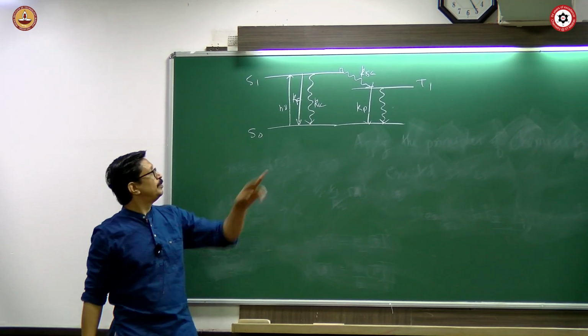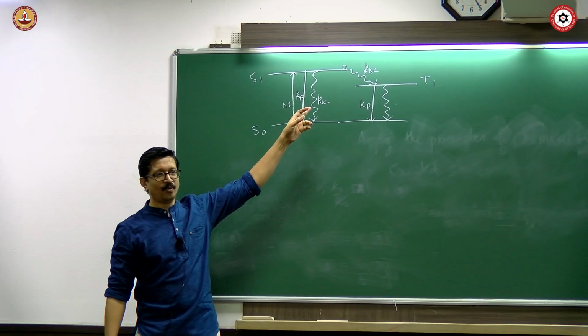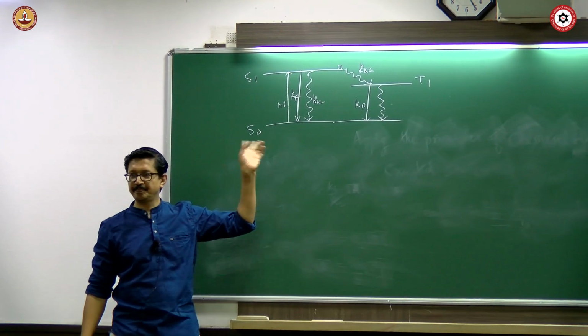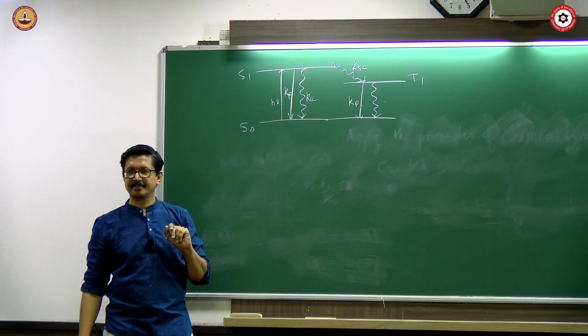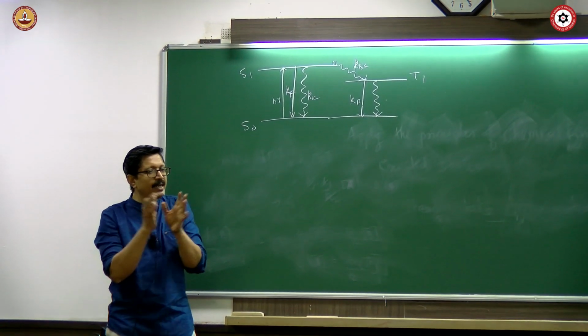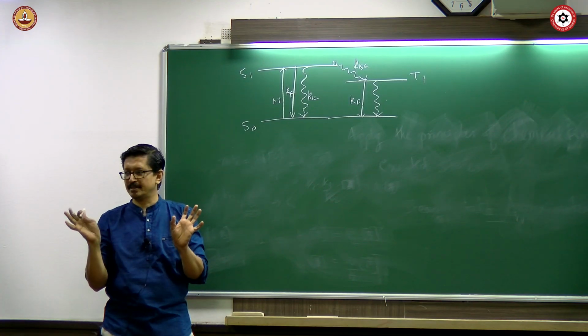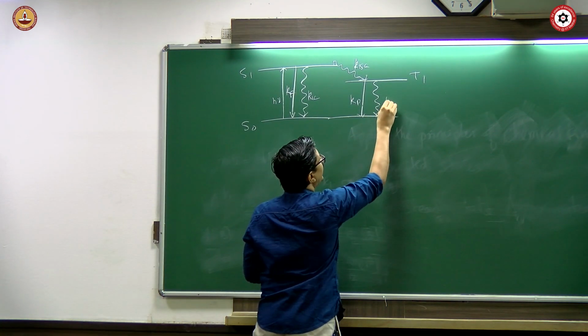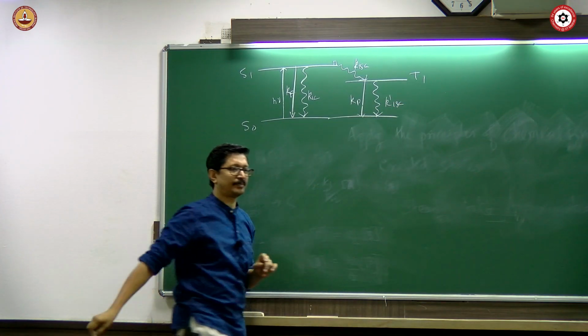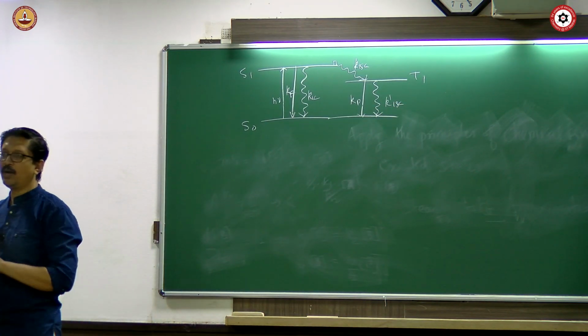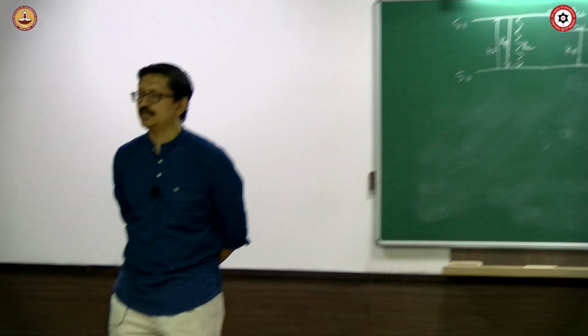This is also inter-system crossing. Would that be the same rate or a different rate? Identical rates for different processes are less likely. There will be small differences. So let us represent it as K dash ISC.